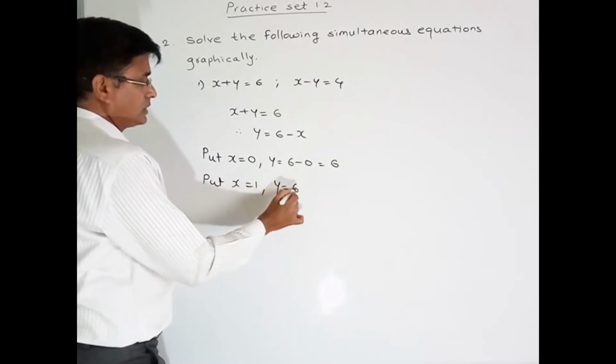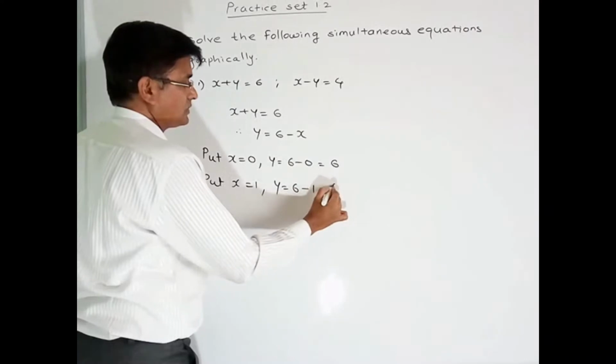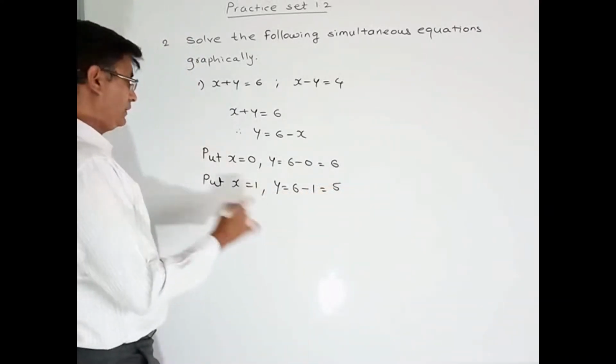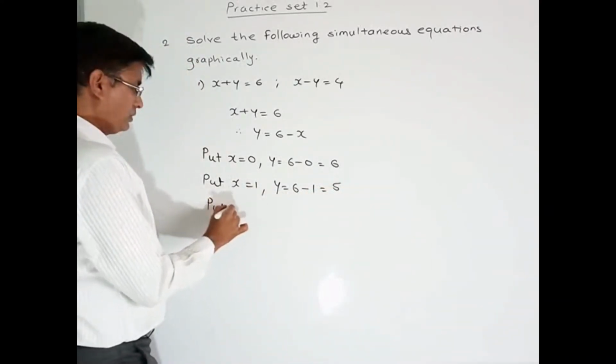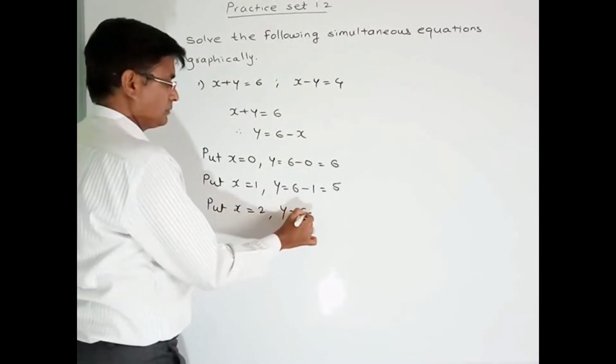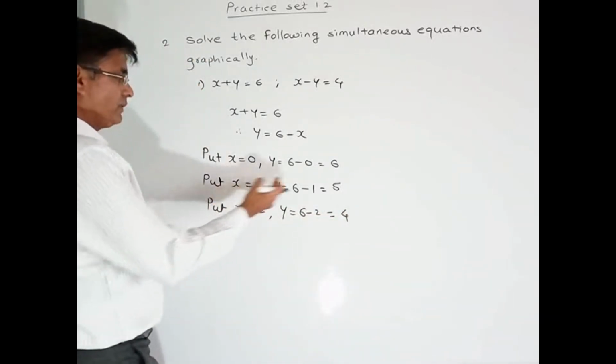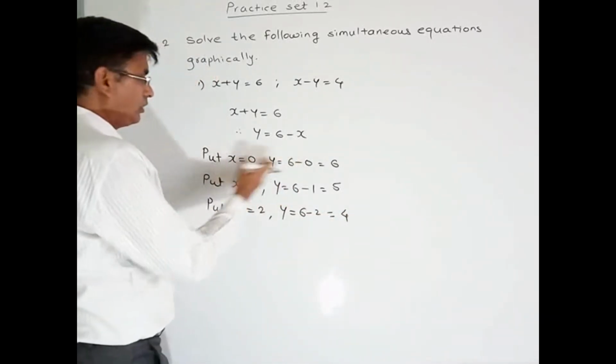Therefore y is equal to 6 minus value of x is 1. So 6 minus 1 is equal to 5. Then next, put x is equal to 2. Therefore y is equal to 6 minus 2 is equal to 4. So this way we will get the ordered pairs.